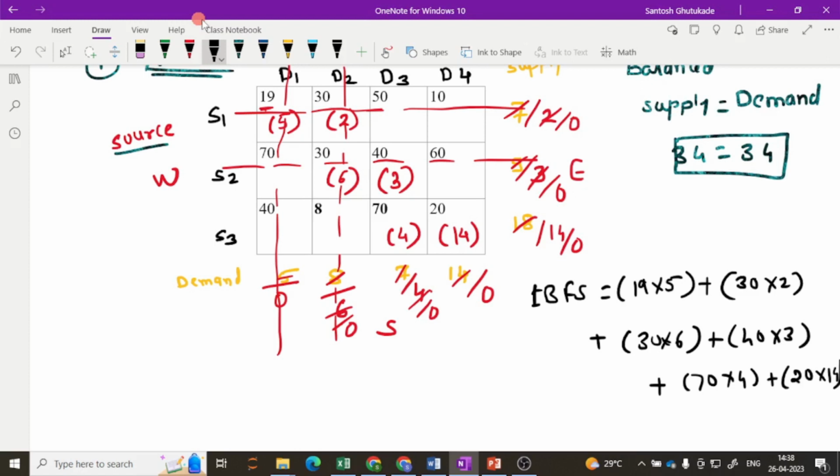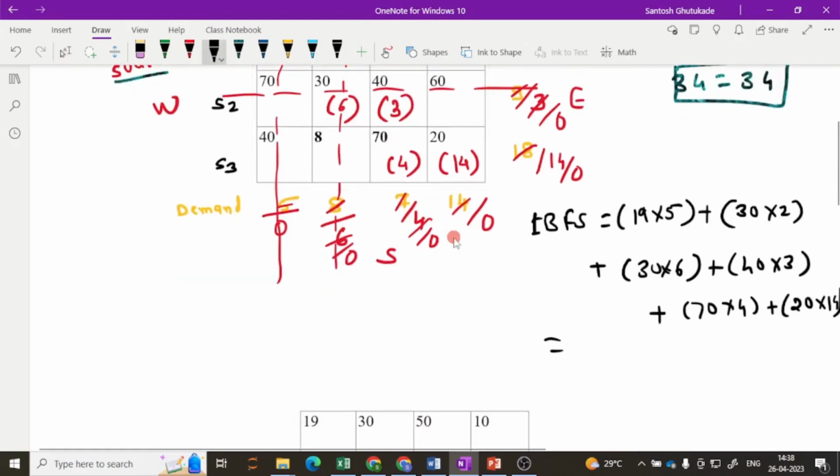These are the costs and the supply sources. If you make the calculations, you will get a total cost of 1015. So this is the initial basic feasible solution.